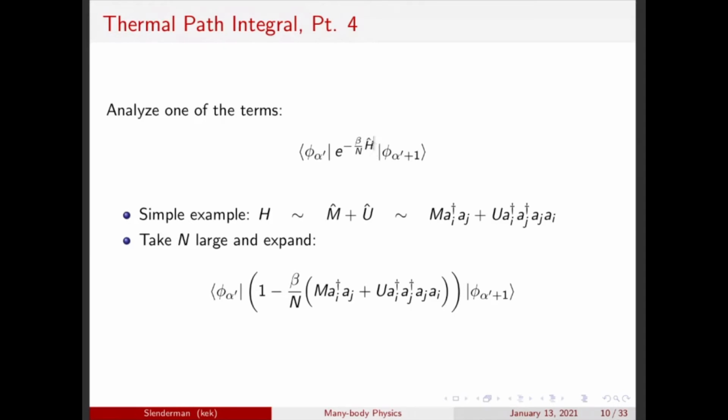And since this n is not the number of particles in the system, it's the number of times I've done this resolution of identity, I can do this enough times such that n is much larger than any eigenvalue of h. Admittedly, h is in general an unbounded from above operator, but we are condensed matter people. We are not going to worry about that.